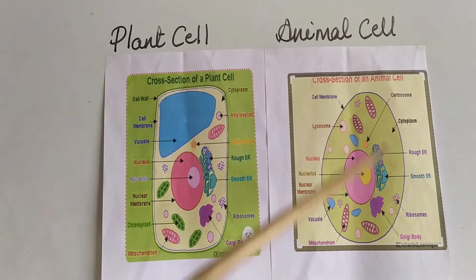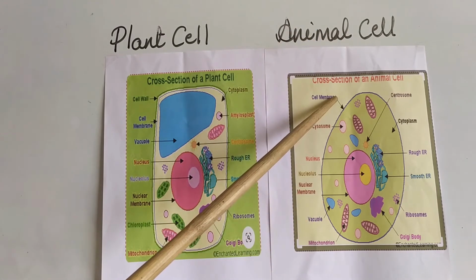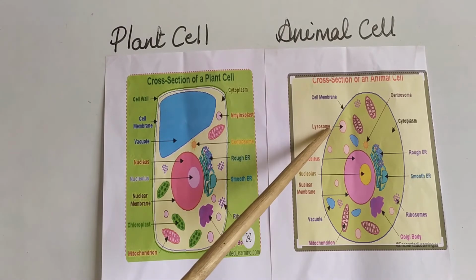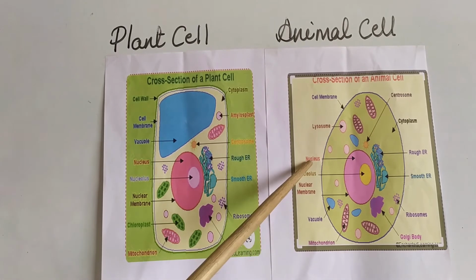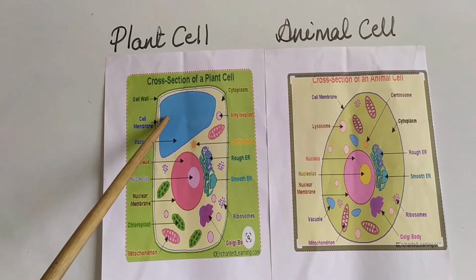Now let's look at the cross section of the animal cell. It has a cell membrane. It has a lysosome. Lysosomes are known as suicide bags of the cell. Then it has a nuclear membrane, nucleolus, all common things. Just see the size of the vacuoles here. The vacuoles are small compared to the vacuole in the plant cell.